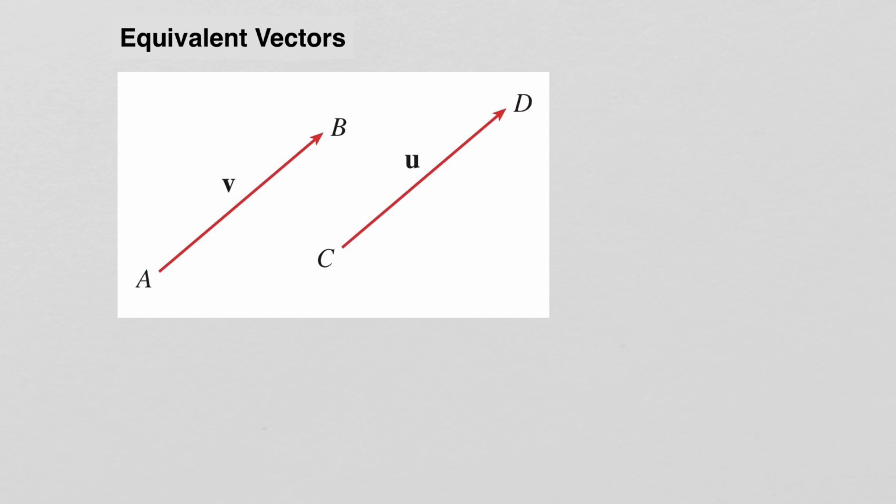So one of the things that I like to say is that vectors don't have a place. Any vector that has the same length and same direction as another vector is equivalent to that vector. So we would say here, vector V is equal to vector U.